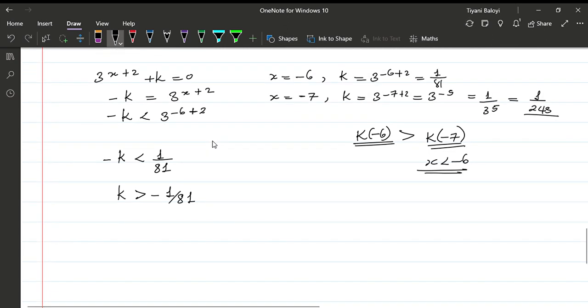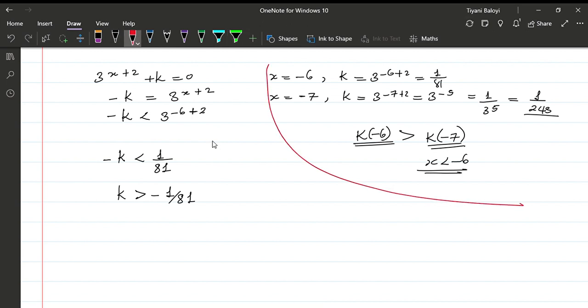So the value of k for which you have roots that are less than -6 is k is greater than -1/81. Let me do another bit of thinking here, which is not part of the answer.